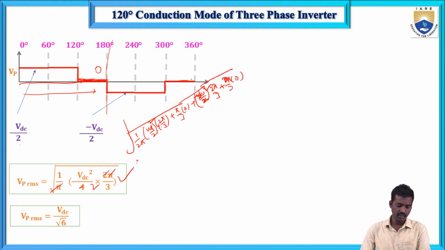So the same thing you will get. This phase RMS value, VP RMS, equals VDC by root 6.